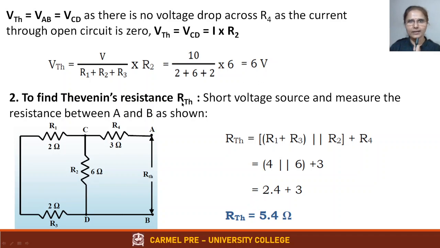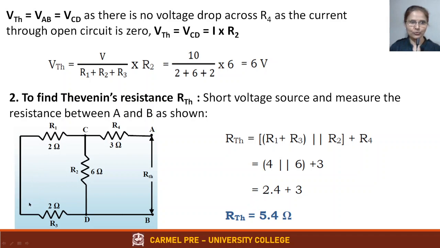To find RThevenin, what do we do? We open circuit the output terminals and short circuit the voltage source, because there is no internal resistance. When you short circuit, now you have to analyze how the circuit is. If you see in this branch C back to D here, the same current is flowing through both the resistors. If the same current is flowing through both the resistors, they are in series.